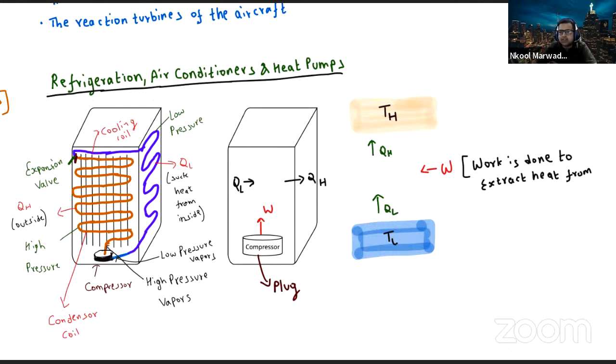So work is done to extract heat from the cold reservoir, which is the interior of the fridge, and exhausted to the outside surrounding, to the hot reservoir, which is the surrounding.